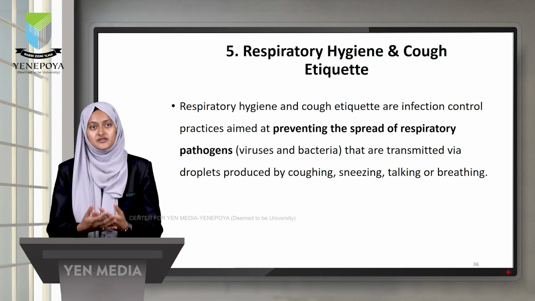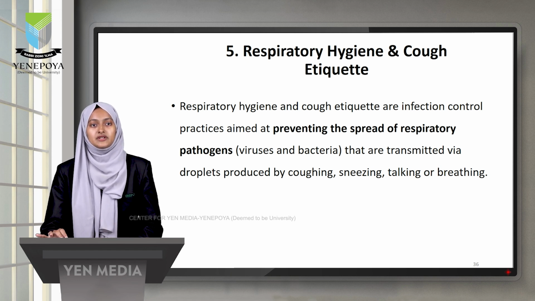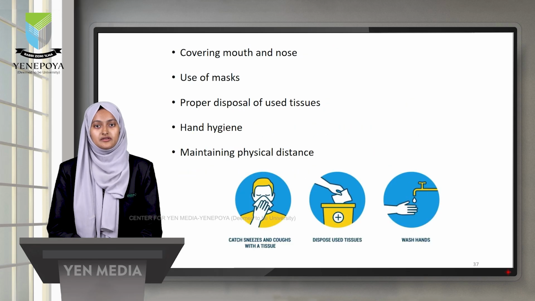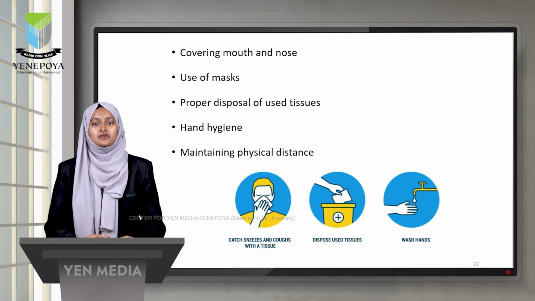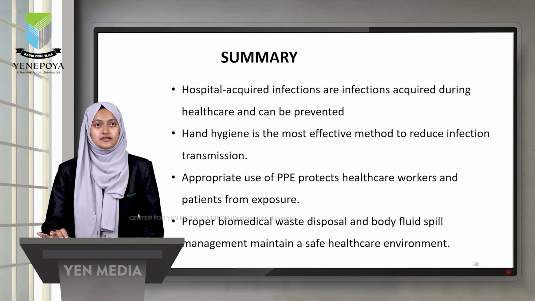Respiratory hygiene and cough etiquette can protect from the droplets which are produced by coughing, sneezing, talking, or breathing. So how can you protect yourself? When you cough or sneeze, you cover the mouth and nose, use the mask, and if you've used tissues, you need to properly dispose of them, and then perform hand hygiene. If you know you're having any infection, it is better to maintain physical distance.